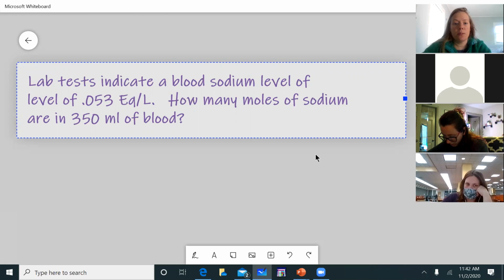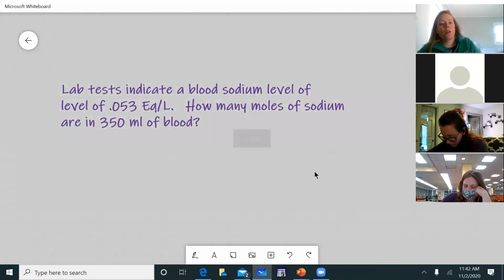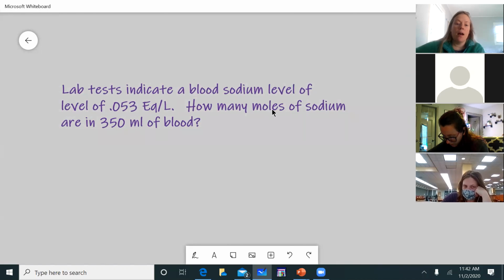Okay, so similar to the last one, slightly different, but lab tests indicate a blood sodium level of 0.053 equivalents per liter. How many moles of sodium are in 350 milliliters of blood?